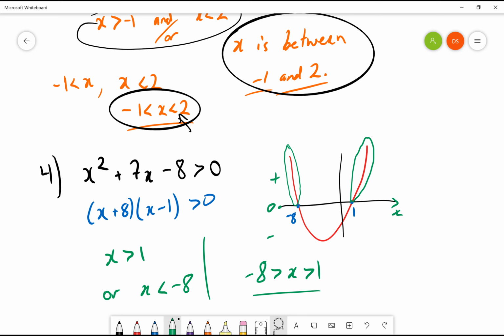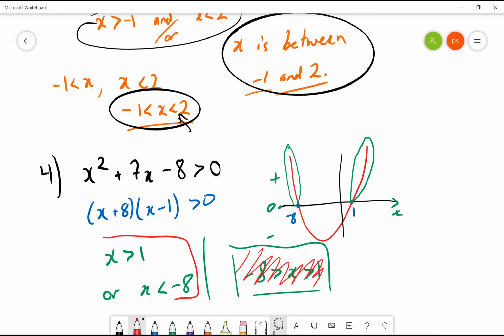But can you find a number that's between -8 and 1, but is bigger than 1 and smaller than -8? Does this make sense? And the answer is no. You can't write it like that. You can only write it in this form because it's not in one interval.